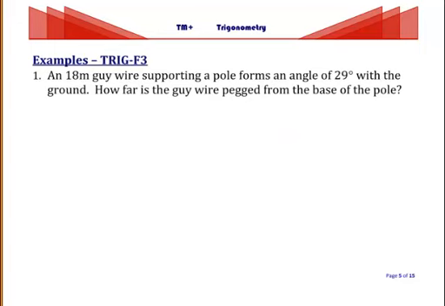Next, an 18 metre guy wire supporting a pole forms an angle of 29 degrees with the ground. How far is a guy wire pegged from the base of the pole? Okay, think about it. We have the ground and we have a pole.